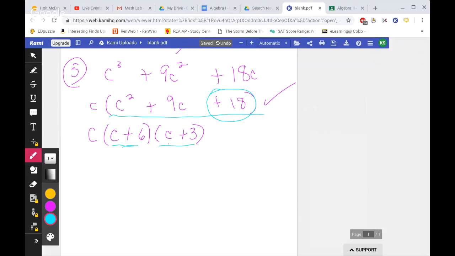If I were to take C plus 6 times C plus 3 and multiply them like you did in 2.3, remember we went back to multiplying polynomials? You foiled, and you would get this. And then you would combine like terms, and you would get this.